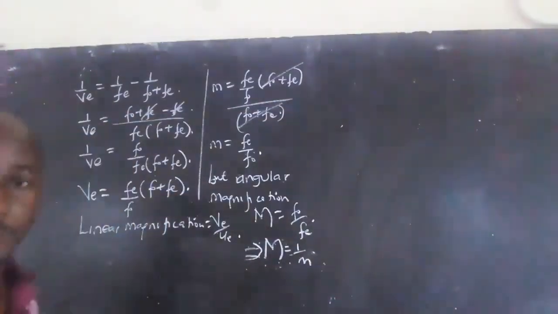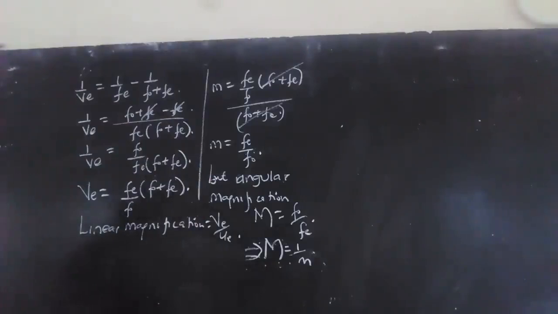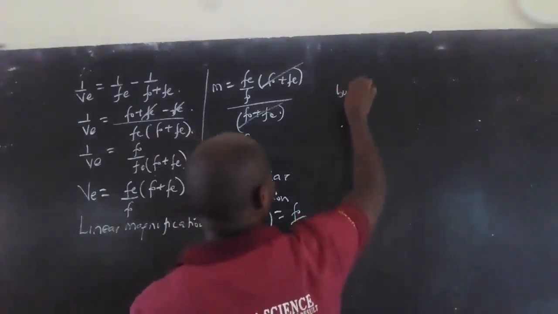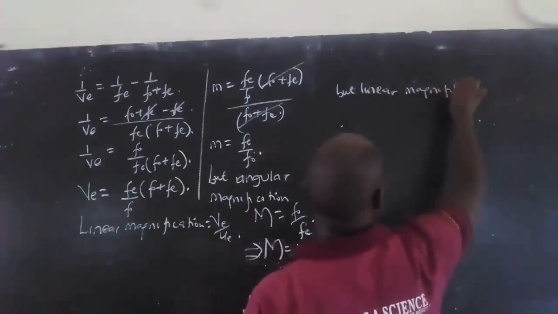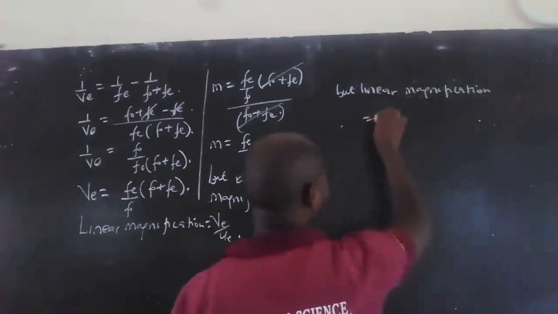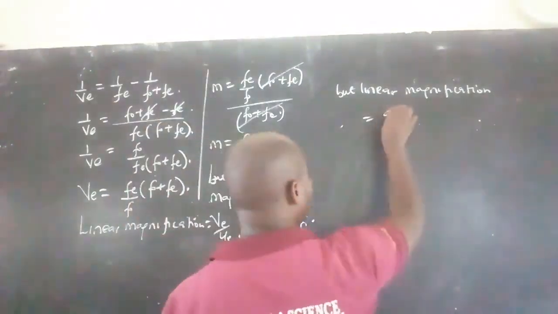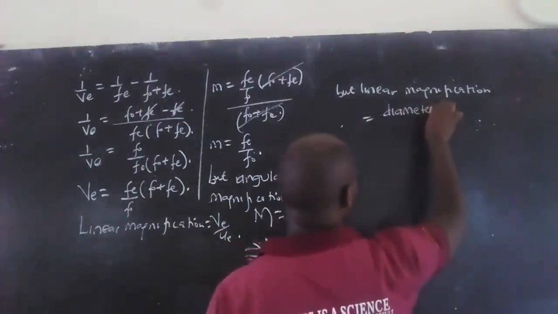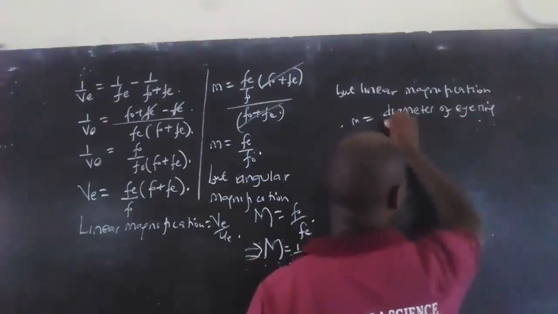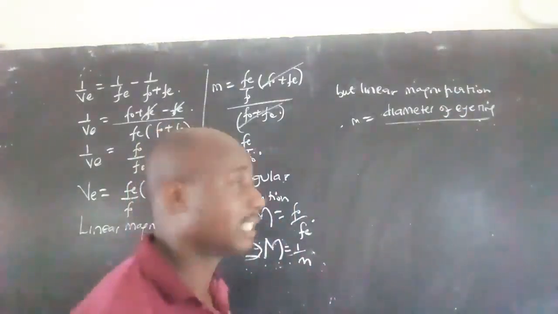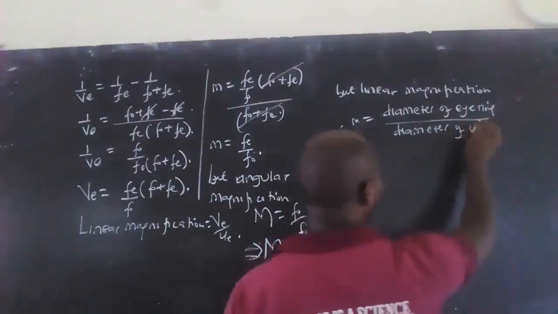Then from there, we can now move on. So what that means, but of course, linear magnification equals size of image over size of object. So it will be diameter of eye ring divided by the size of the object, which is the diameter of the objective.